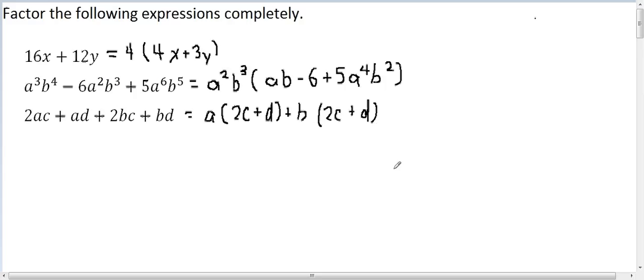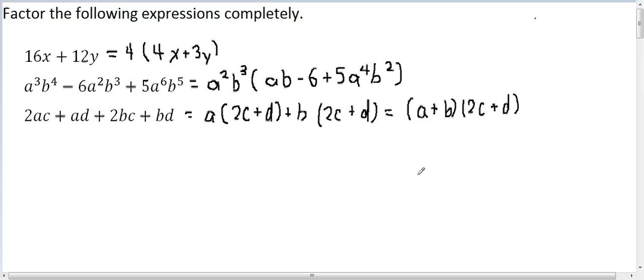Now, if we take a look at this new expression that we wrote, we see that this term and this term have 2c plus d in common. So we can factor that out from these two terms. And when we do, we'll be left with (a plus b), and we just copy what we factored out, which is (2c plus d).